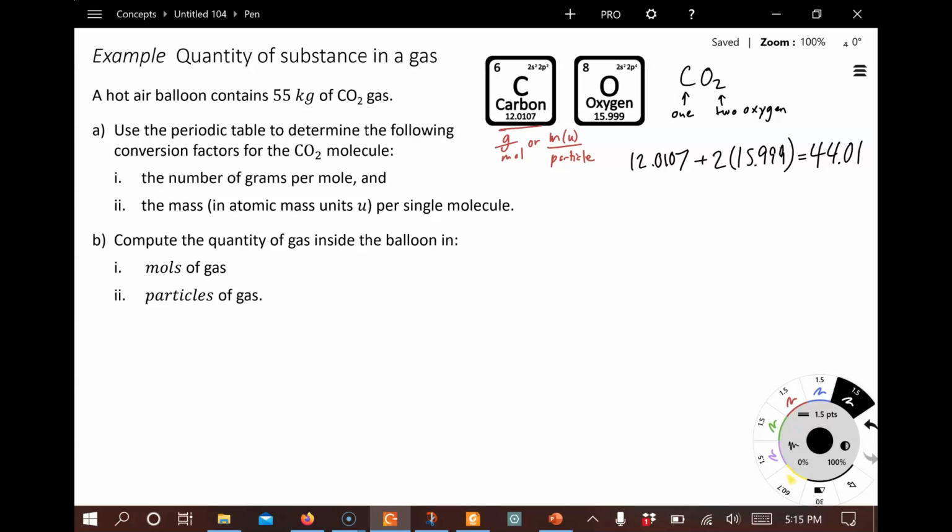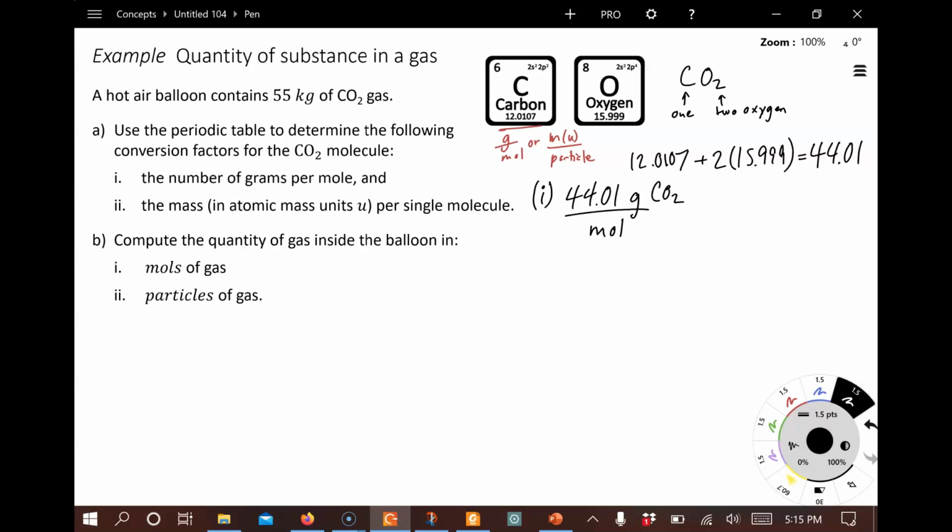Now, if we want to use that number as a conversion factor between grams and moles, we're going to write this as 44.01 grams of CO2 per mole of CO2.